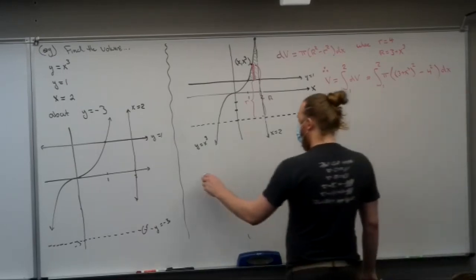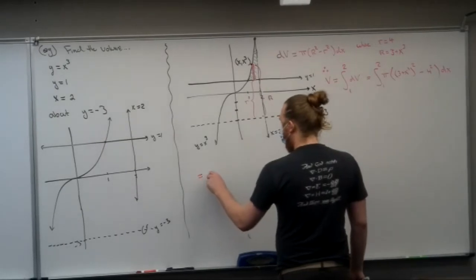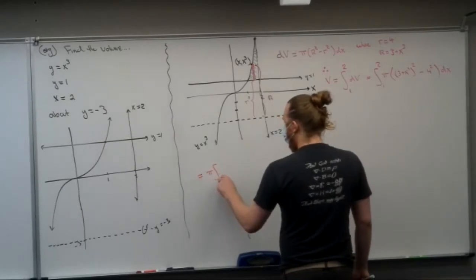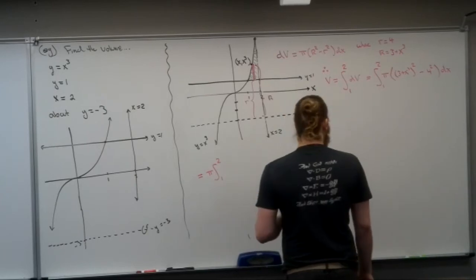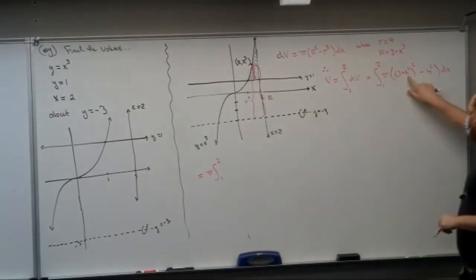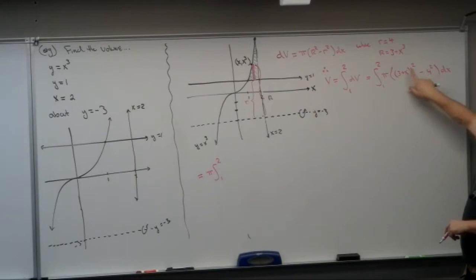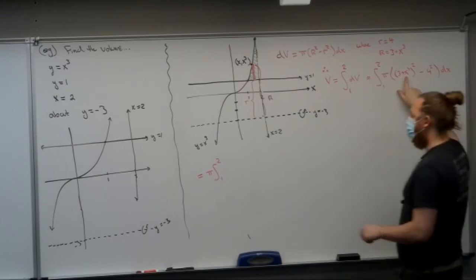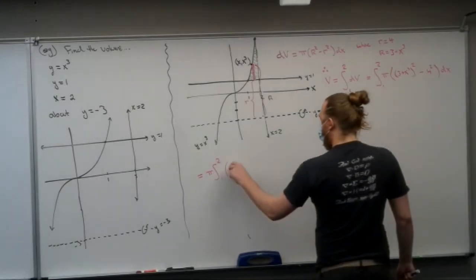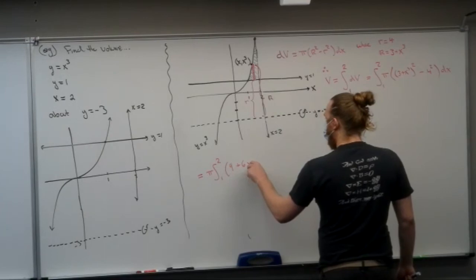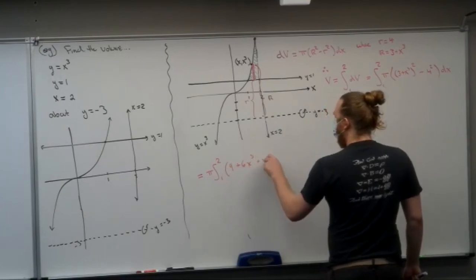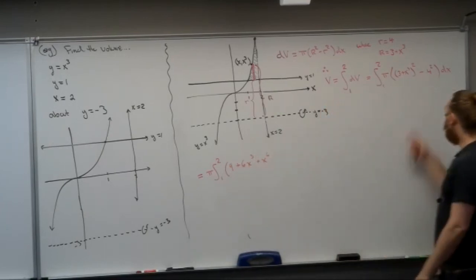I'll continue that down here. The pi can come out. Integral 1 to 2. If I FOIL out (3 plus x cubed) all squared, that's 3 squared, plus 2 times 3 times x cubed is 6x cubed, plus x cubed squared is x to the 6. So that's 9 plus 6x cubed plus x to the 6.